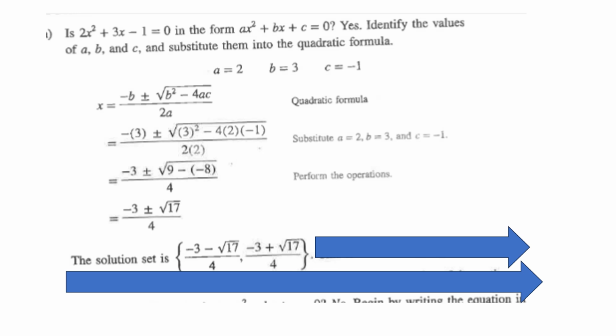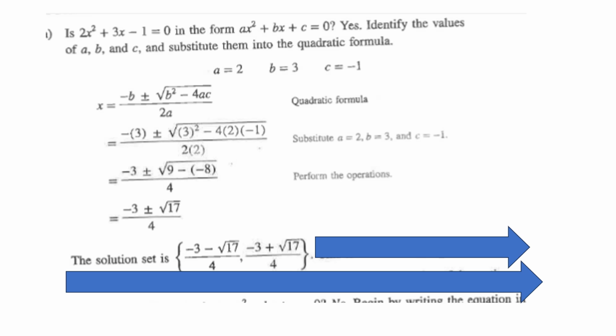So that is going to be equal to minus 3 plus or minus the square root of 3 squared minus 4 times 2 times minus 1 all over 2 times 2. Simplifying, this is minus 3 plus or minus the square root of 9 minus a minus 8 all over 4.